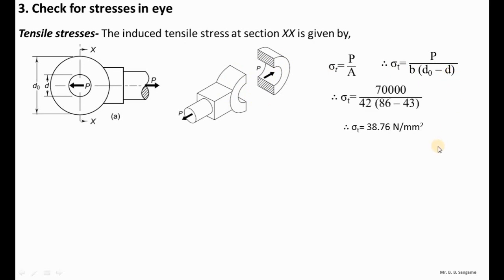So let us put the values. P is 70,000 N, B is 42 mm as per the calculation, DO, the outside diameter of eye, is 86 mm, and the inside diameter of eye, the diameter of pin, is 43 mm. As per calculation, I found that after the application of force of 70,000 Newton on the eye, there will be an induced tensile stress of magnitude 38.76 Newton per mm square.